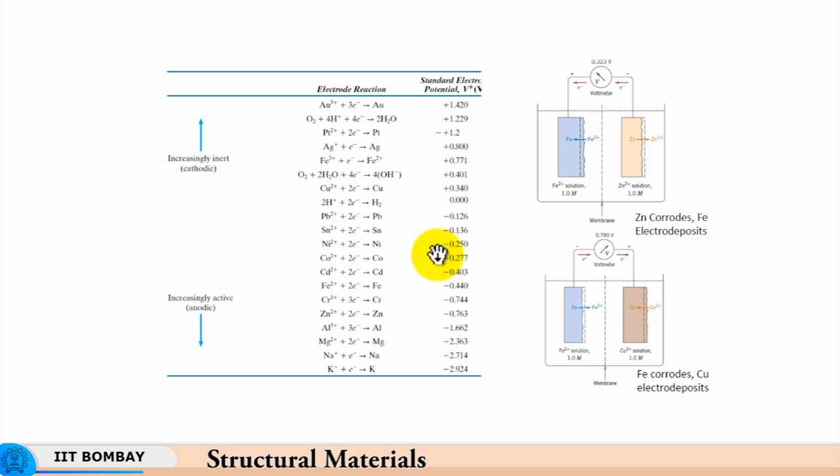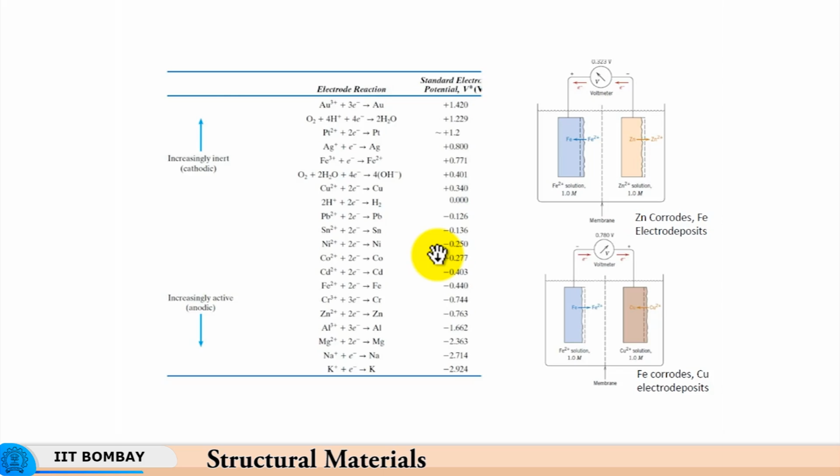So, here the way it operates is that iron gets deposited, and zinc goes into solution, right. Now when zinc goes into solution, it needs some chloride ions.